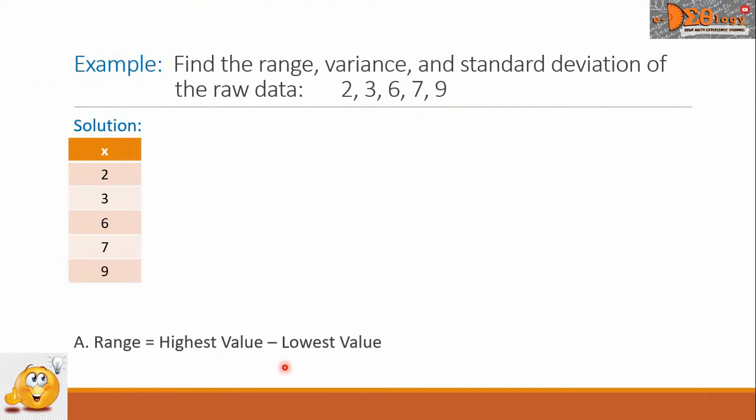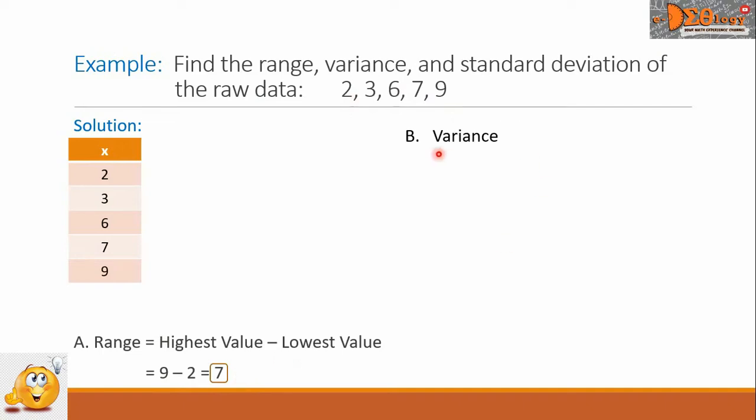That is the highest value minus lowest value. We can see here that the highest value is 9 minus the lowest value is 2. 9 minus 2 is 7. This is now the range.